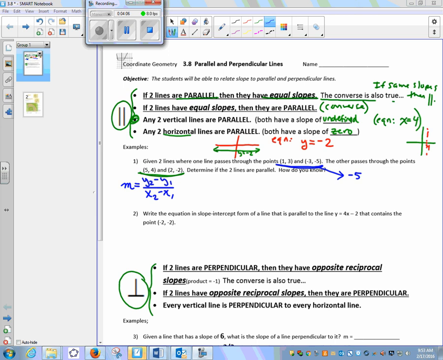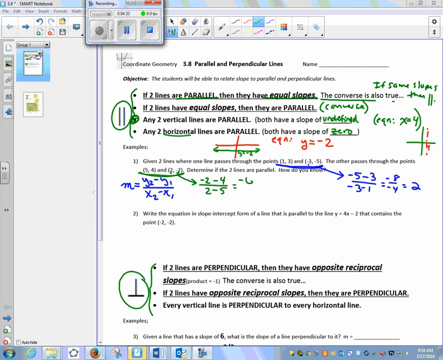So let's do this one. y2 minus y1 would be -5 minus 3 over x2 is -3 minus 1. That's -8 over -4, which is a +2. Slope formula for this one, y2 is -2 minus 4 over x2 is 2 minus 5.